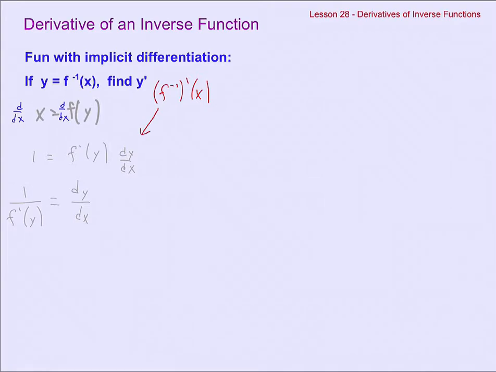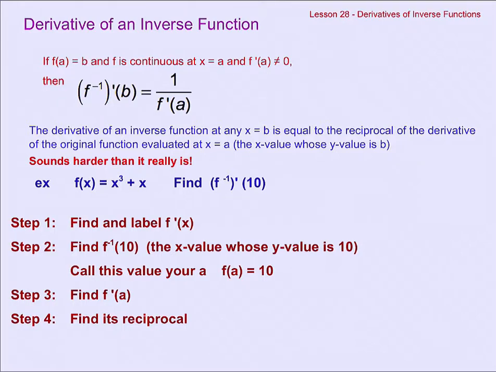And so right now we have that dy dx, the derivative of f inverse, the derivative of an inverse function at any value of x that you want, is equal to 1 over f prime of y. But that needs a little bit of explaining. That's a little bit confusing. So we'll see an example here.